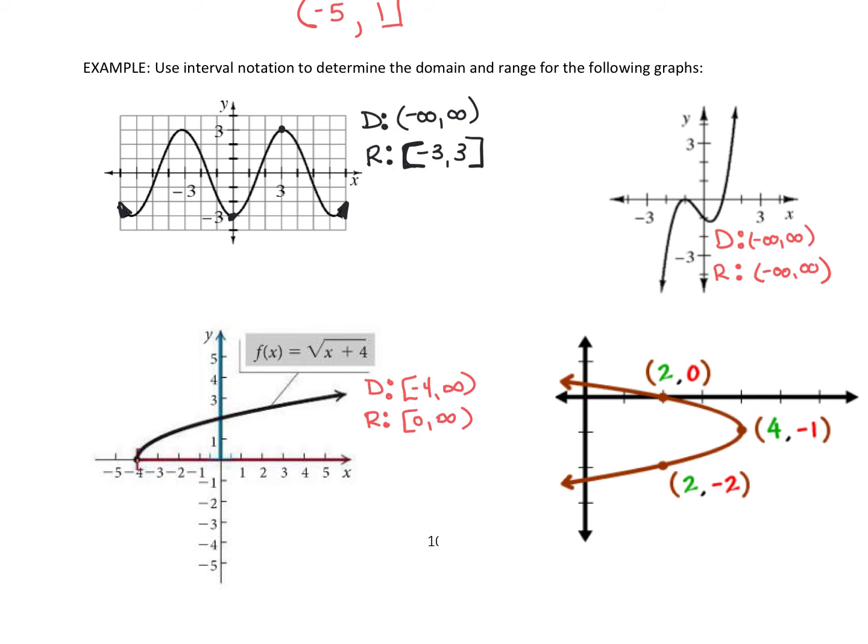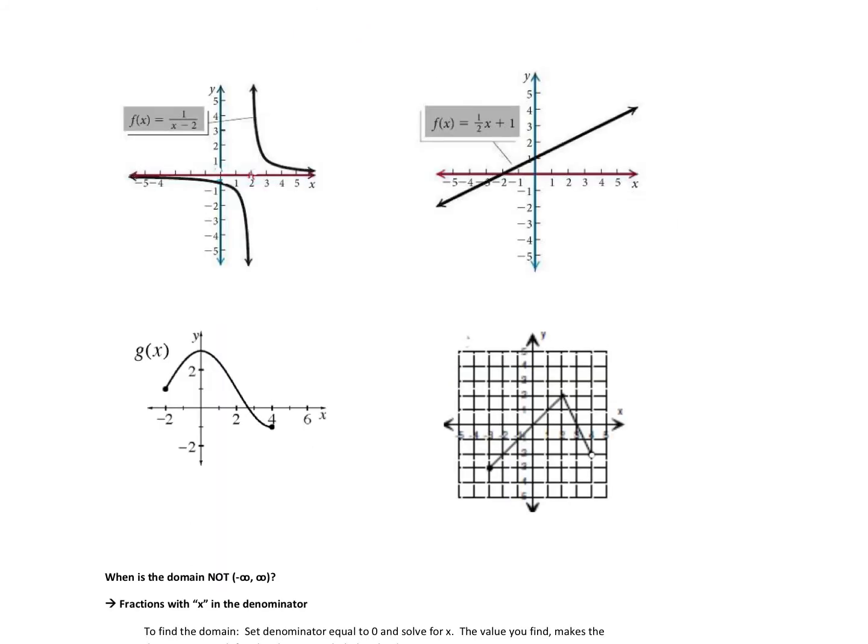And then on this last one, we're going to have a domain of negative infinity up to 4. So remember, domain is always our x values, and then our range is going to be from -infinity to infinity. Okay.